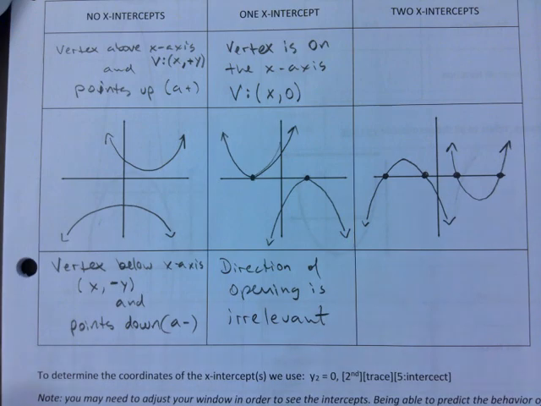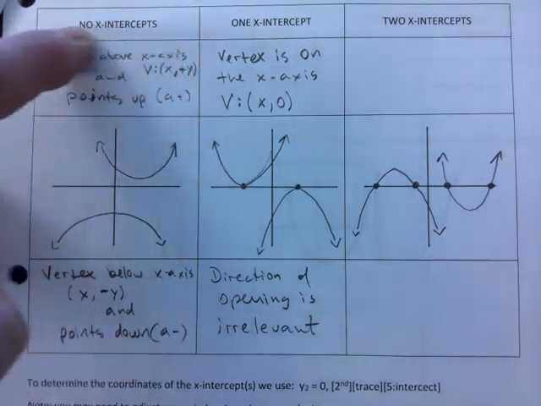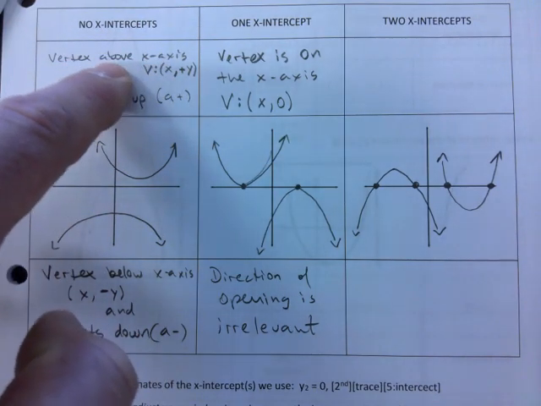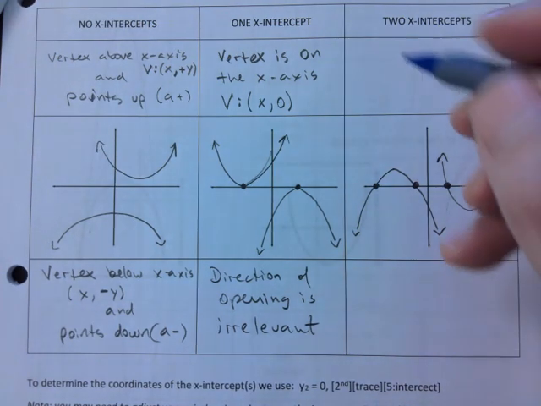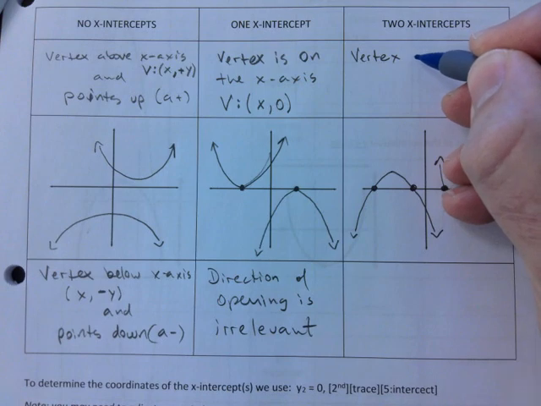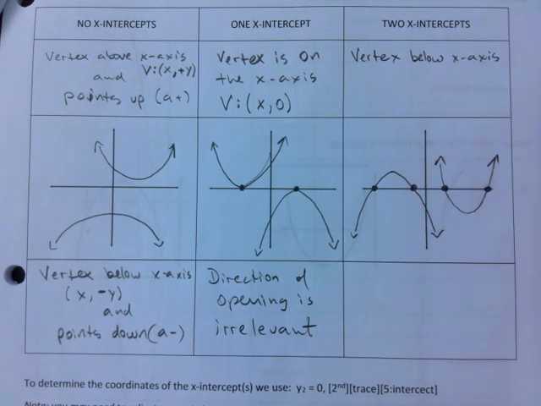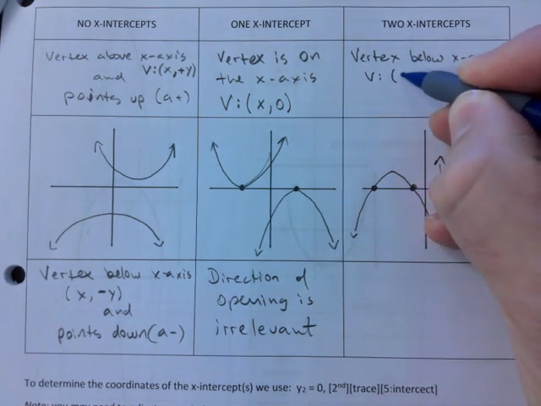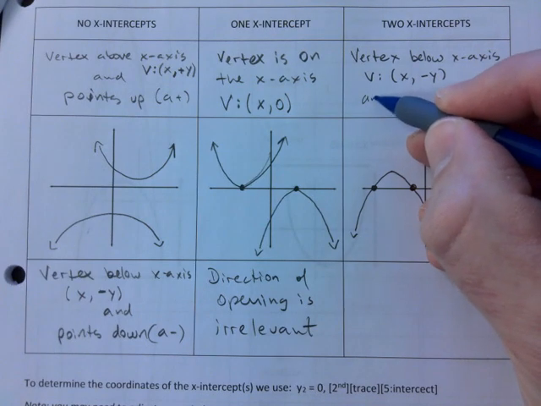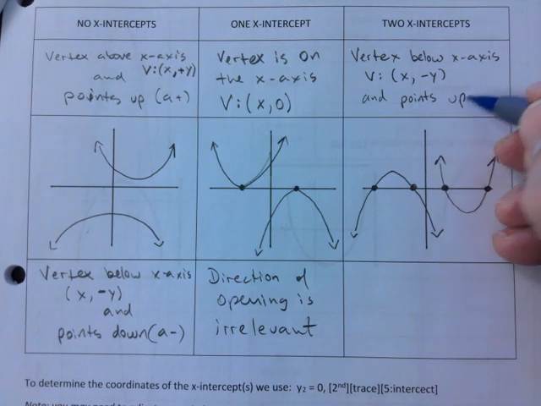Two x-intercepts. I'm just going to change a little something from this statement. Instead of vertex is above x-axis, I'm going to say below. So one is where vertex is below the x-axis. That means the vertex would be x, negative y, and points up. So A is positive.